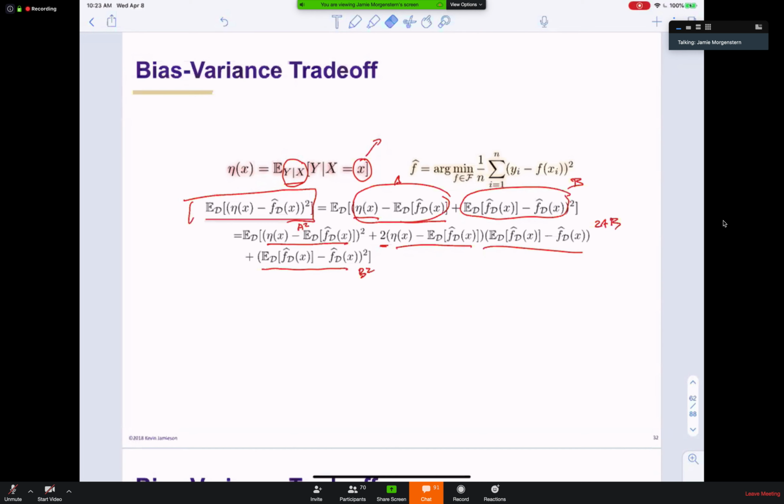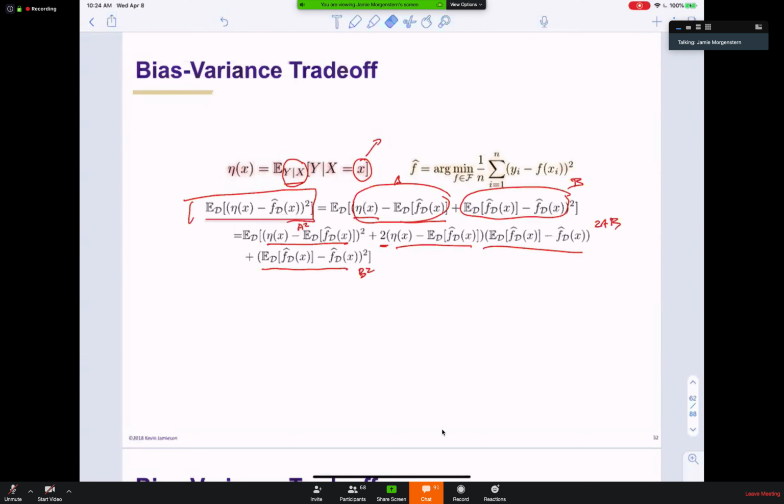Furthermore, it's restricted to belong to some set of functions F that are nice, or that may be nice. But eta can be any function. Eta could be a non-convex function. It could be some weird sinusoidal thing.